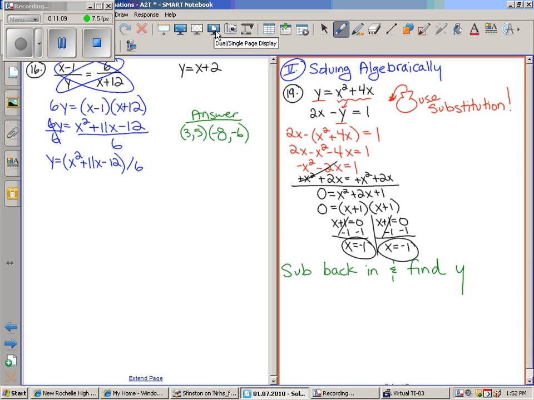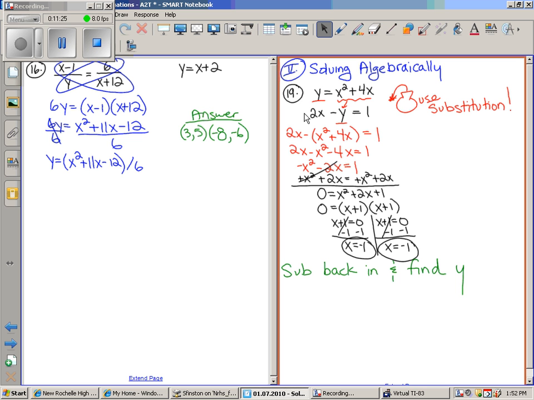So let's go big screen, right? Take one of these. Now notice in this particular case, they are the same number, right? So you only really need to sub in once. You're going to get the same corresponding y value. Which one do you want to sub into, the top one or the bottom one?